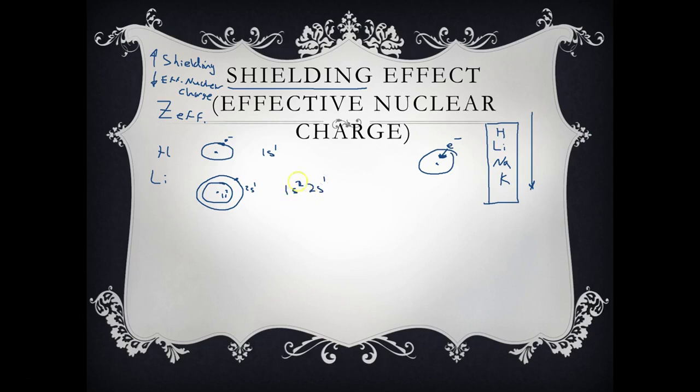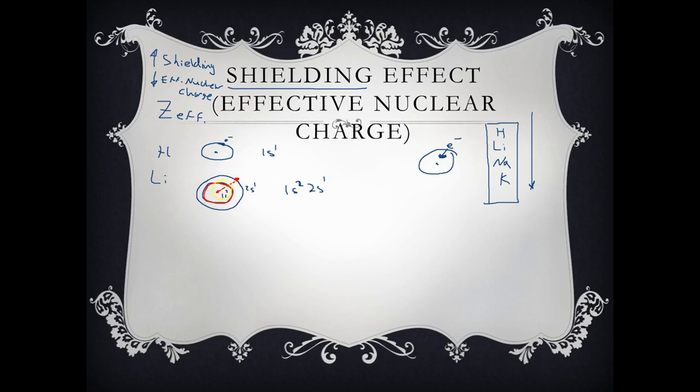And this 1s shell right here, let's actually change colors for it. I don't have my iPad, so just bear with me. So this shell is actually shielding this electron from talking with this nucleus. And so the charge felt between the nucleus and that electron actually goes down. The attractive force goes down because these electrons are in the way.